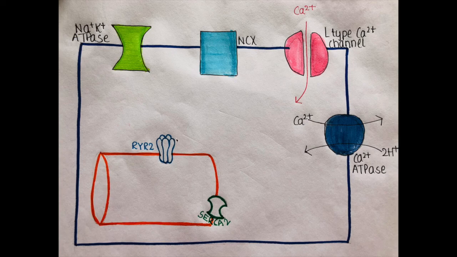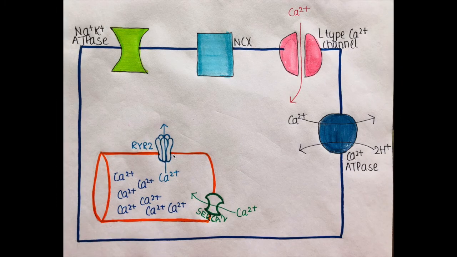Now there are also 2 specific channels present on the sarcoplasmic reticulum of a cardiac myocyte. These are ryanodine receptor calcium channel 2, in short RYR2, and SERCA2. Now these channels work in opposite ways. Let's see how they work.